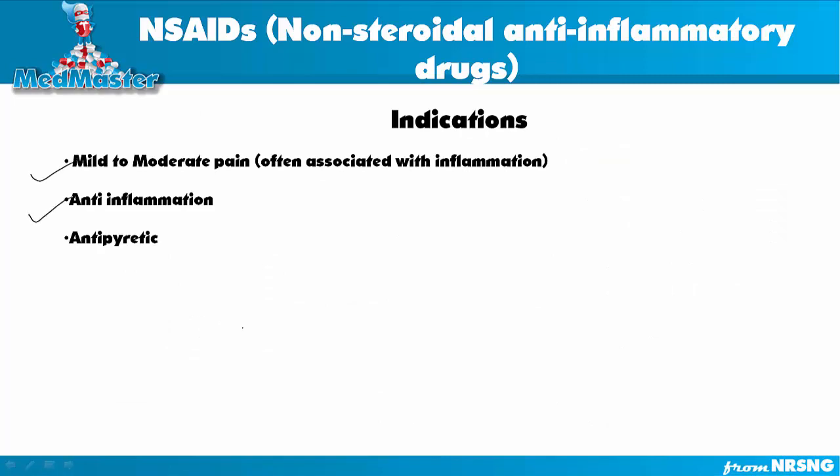It is also used as an anti-inflammatory to decrease inflammation, and as an antipyretic to decrease the body temperature. Now, these drugs are often used for pain which is associated with inflammation, not any other kind of pain, usually, because it works better if the pain is due to inflammation. So these are the three main reasons these medications are used.